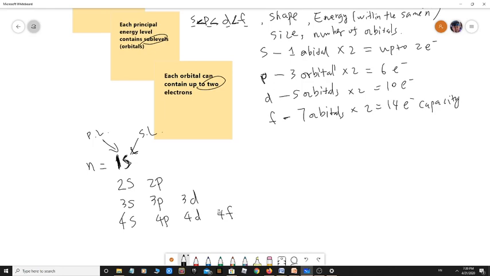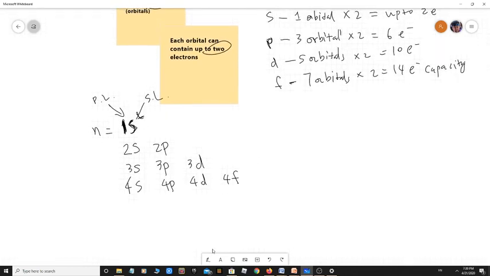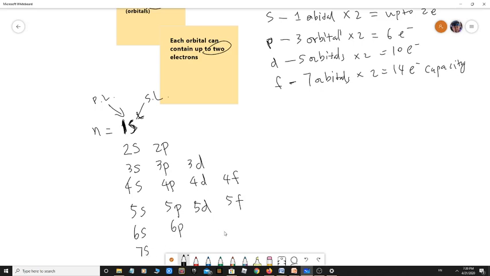It seems like it's building up more sublevels as the n number goes higher and higher. Once you get above 4, starting at 5, you would have the same sets of sublevels or orbitals, the same as 6. If you want, you can continue with 7s and continue like that.